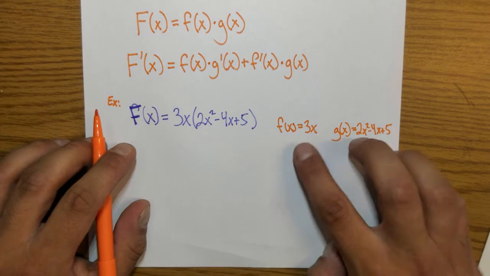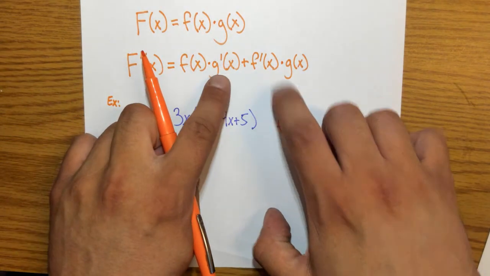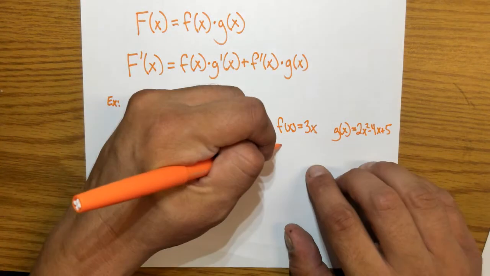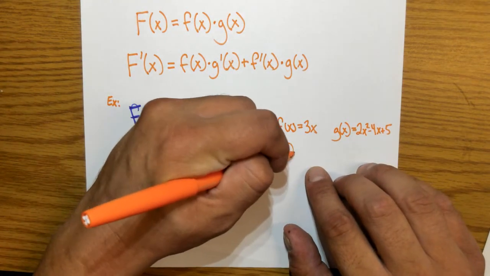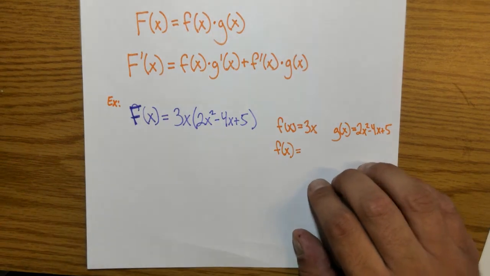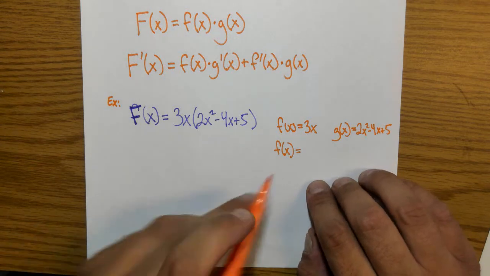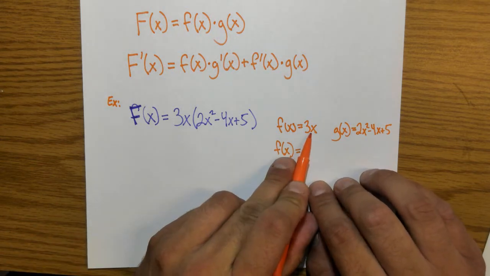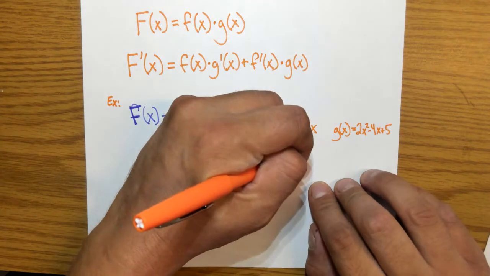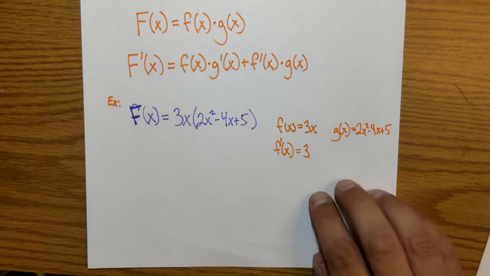Let's find the derivatives of both of these, because we're going to eventually have to. So the derivative of 3x, we can just use the power rule here. Think about how the power rule is embedded within this product rule. The derivative of 3x, remember, if x is to the first power, it just goes away. So the derivative is just 3. That's f prime, sorry about that.